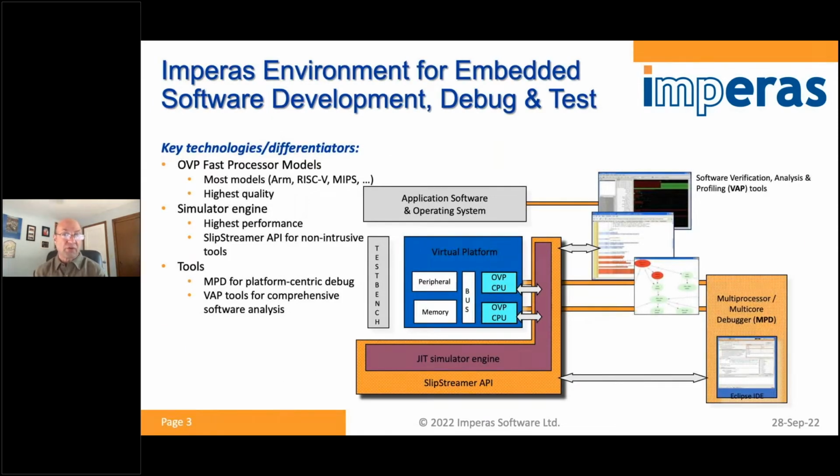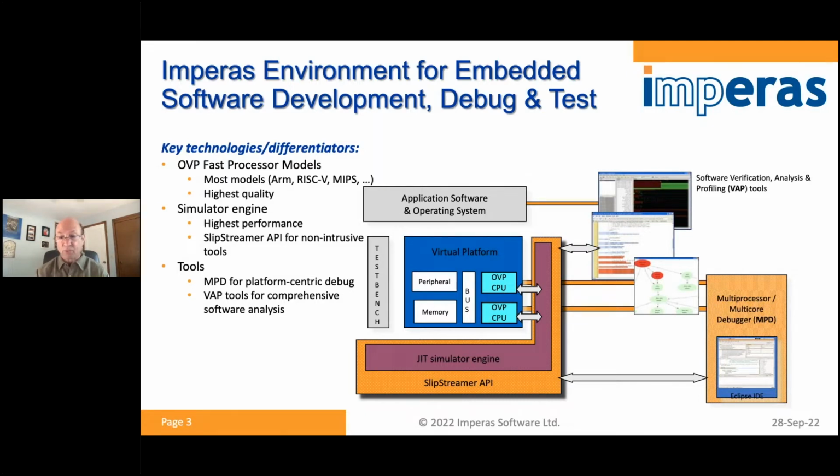Here's a quick overview of our environment for embedded software development, debug, and test. There are models for the virtual platform. These models are built with APIs that are supported by the simulator engine, and then there are tools that work with this. The key pieces here are the fast processor models. And we support not only RISC-V, but also architectures like ARM and MIPS.